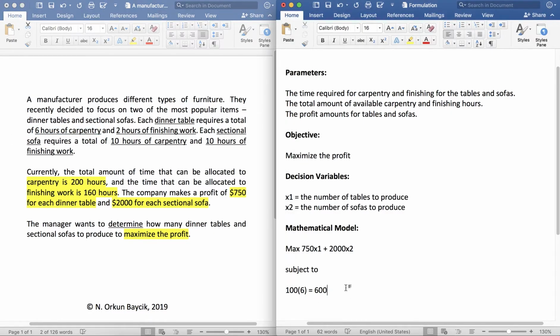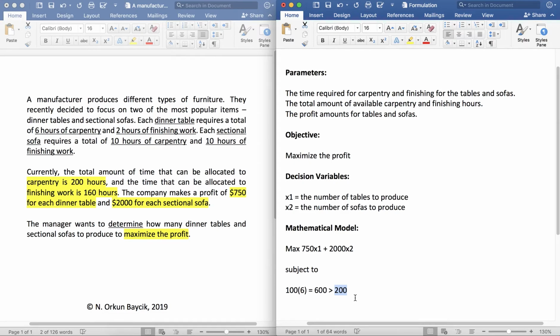However, I only have 200 hours available. Okay, and 600 is greater than 200, which is not feasible. Okay, so this is not feasible. We cannot produce 100 dinner tables.